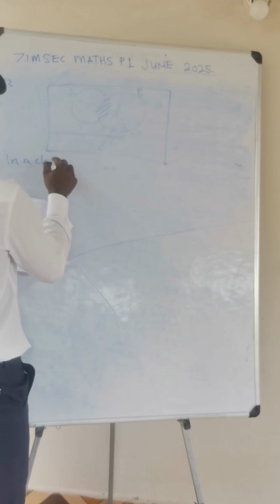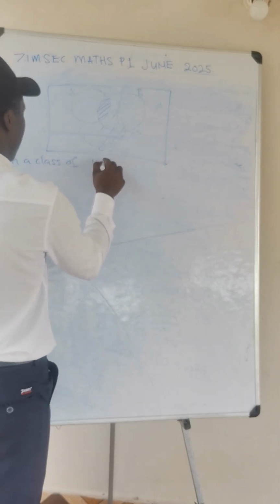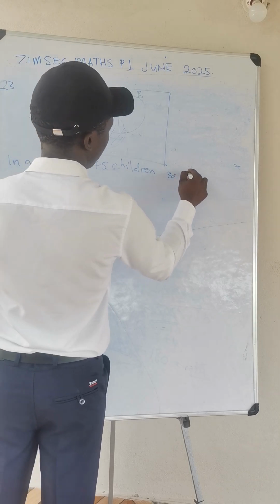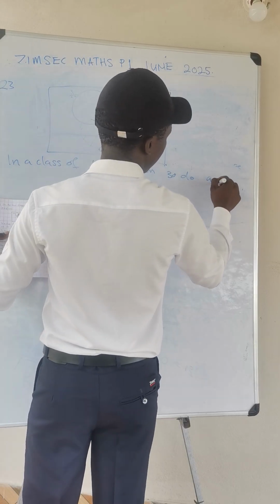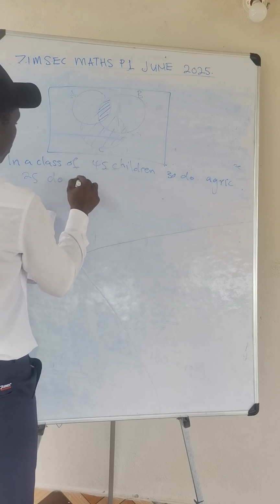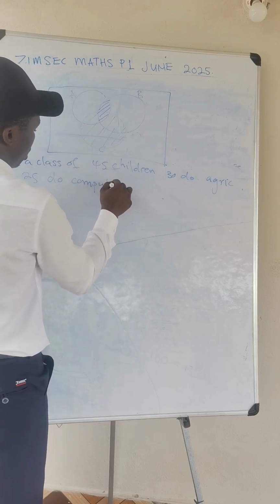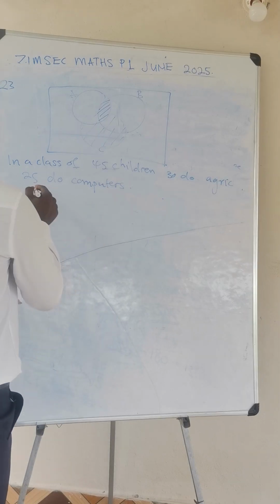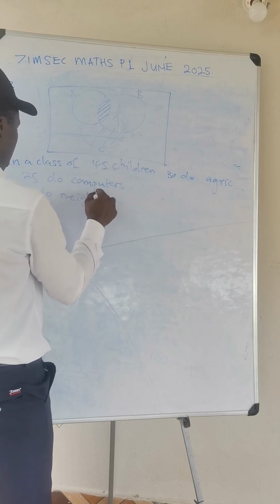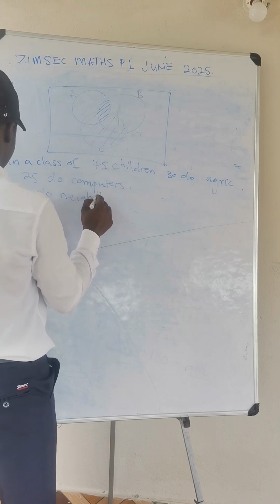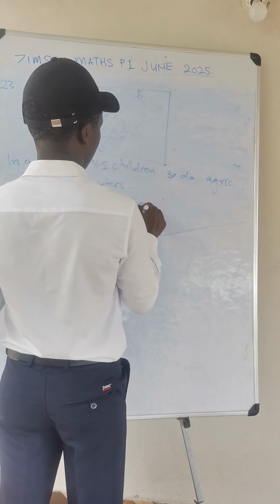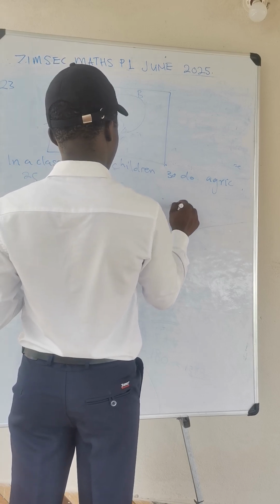In a class of 45 children, 30 do agriculture, 25 do computers, then 7 do neither agric nor computers.